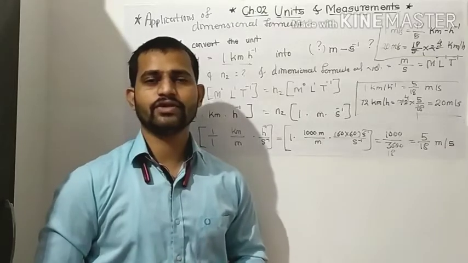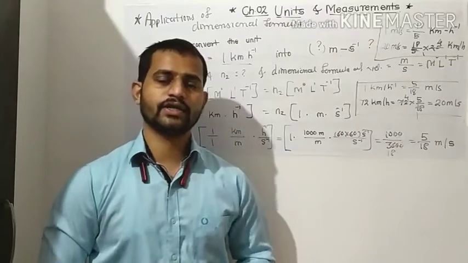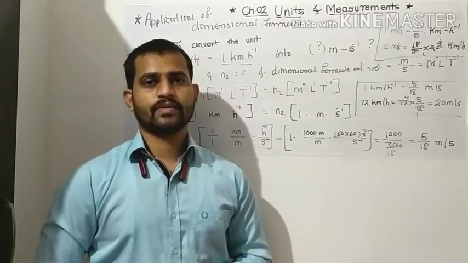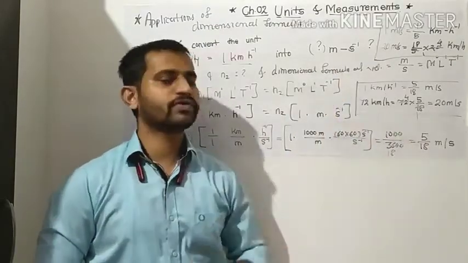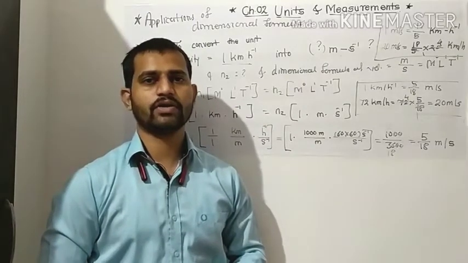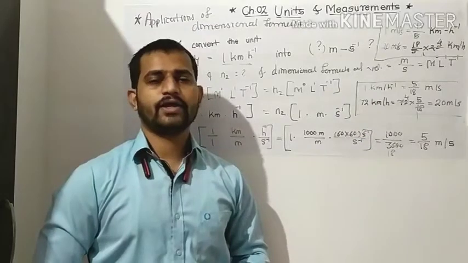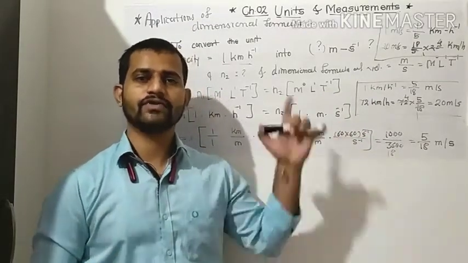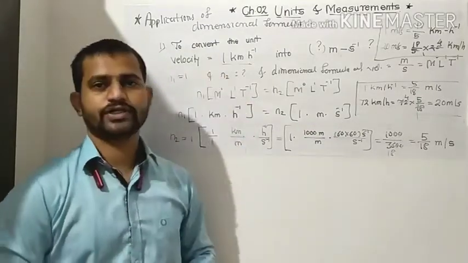While solving a numerical, it is mandatory that all the quantities given there must be in the same system. So that's why this is a very important conversion, that 1 meter per second is equal to 18 by 5 kilometer per hour, or 1 kilometer per hour is equal to 5 by 18 meter per second. So remember this conversion also, and the first application of dimensional analysis, that is to convert the units.